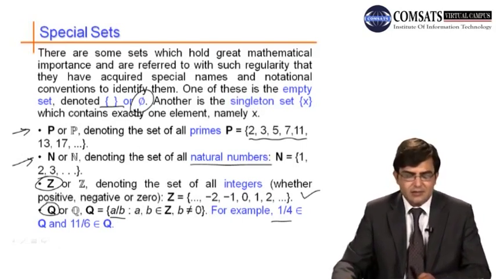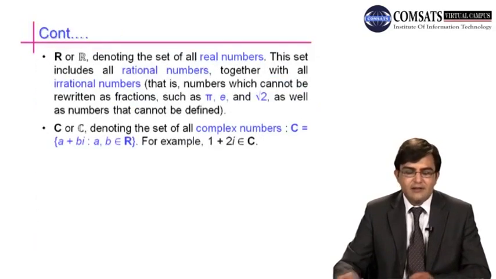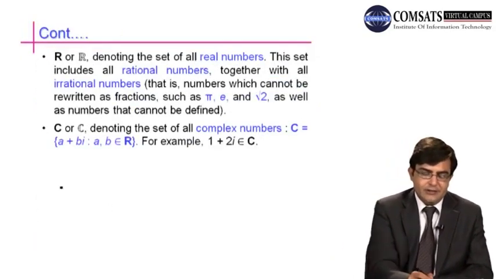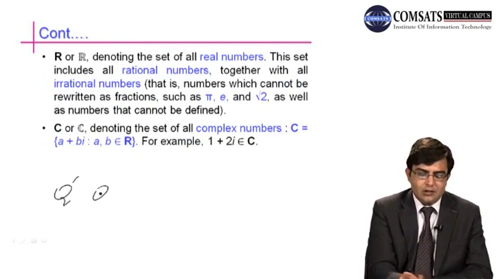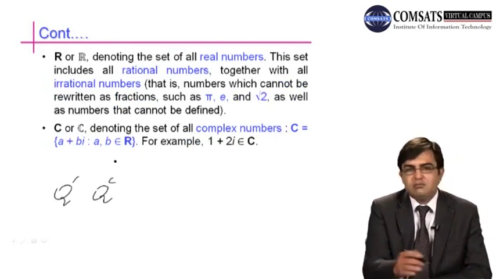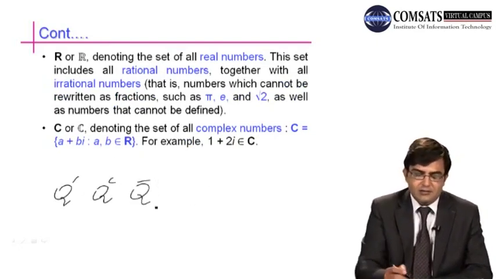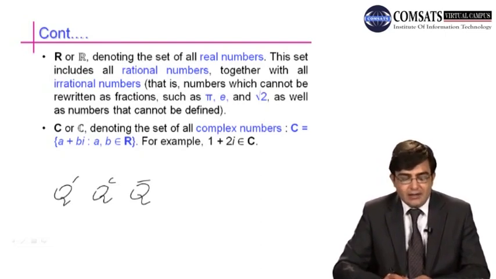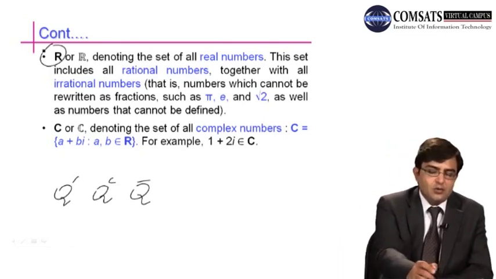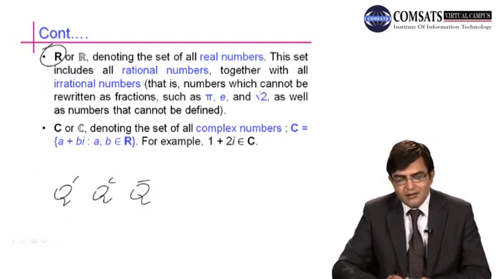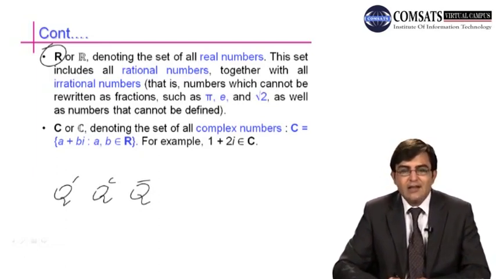There are some other sets. For example, the set of irrational numbers is usually denoted by Q dash or Q complement or Q bar. These notations are reserved for the set of irrational numbers. There is another set, the most famous in calculus and in every field of mathematics, the set of real numbers.